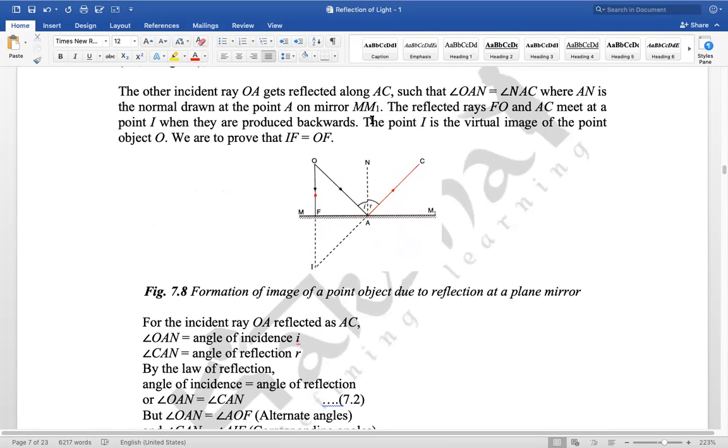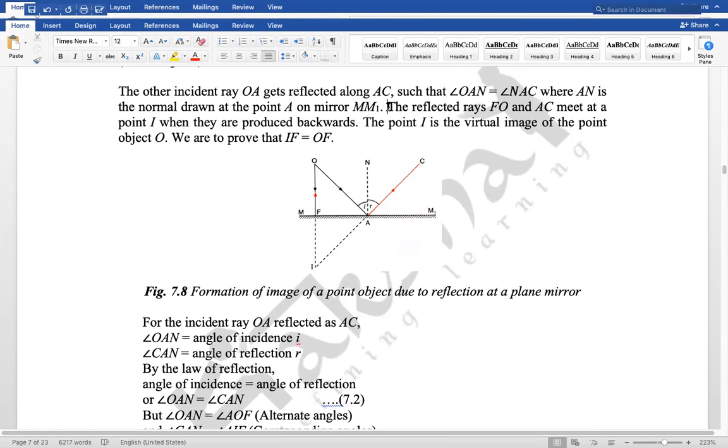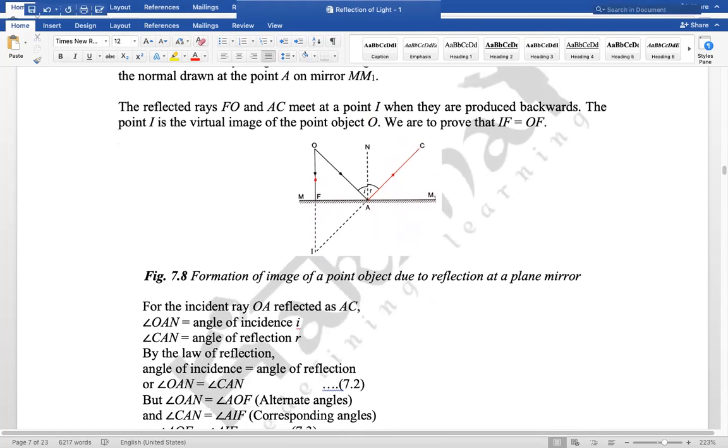The reflected rays FO and AC, ठीक है, इनको पीछे की तरफ extend करेंगे तो they will appear to meet at a point I when they are produced backward. ठीक है. The point I is the virtual image of the point object O.